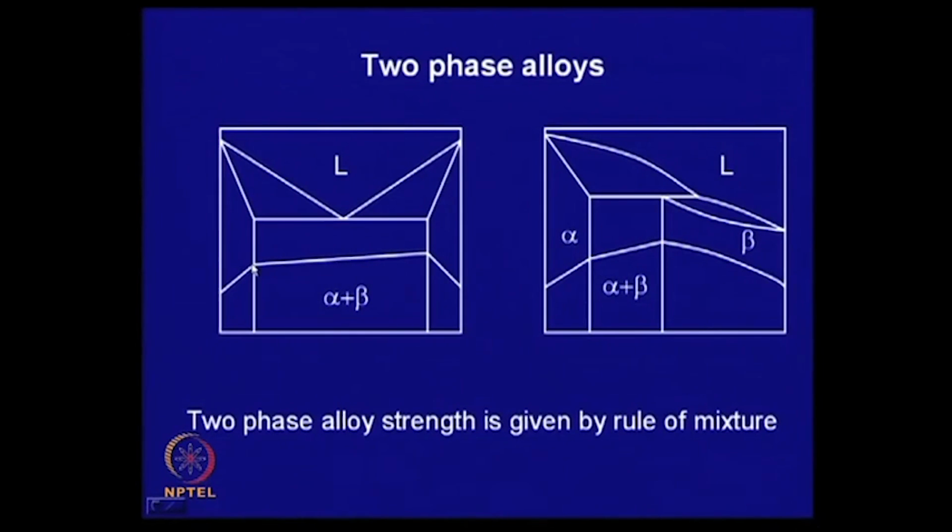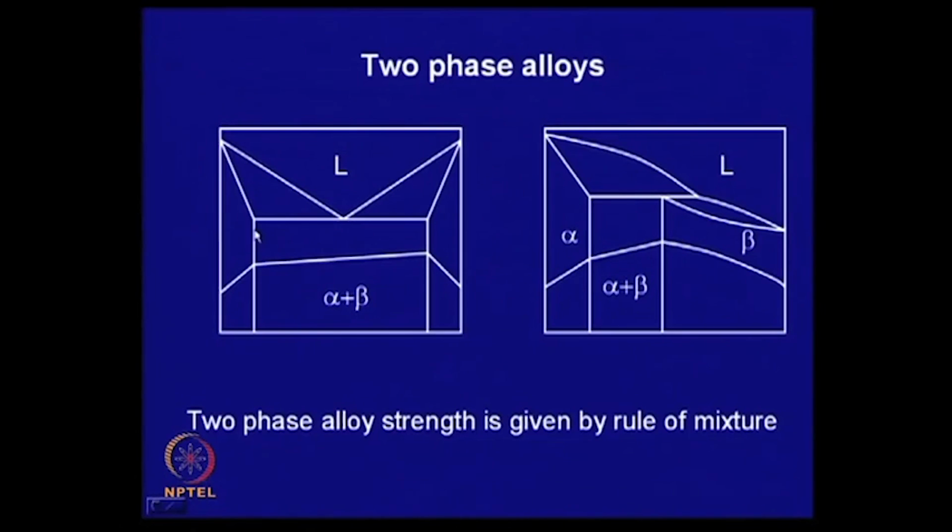So, its strength increases from here to here like this. That means if beta is stronger, then with increasing volume fraction of beta, strength of the alloy increases.